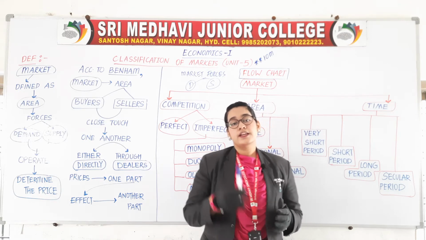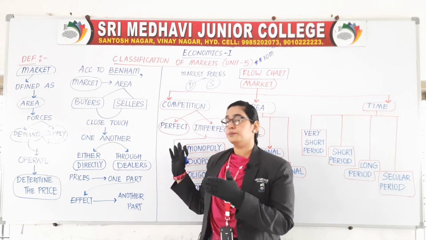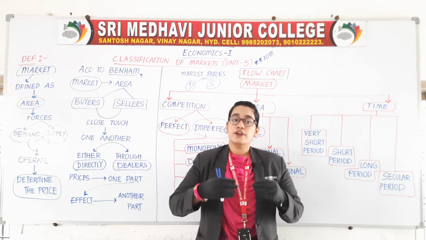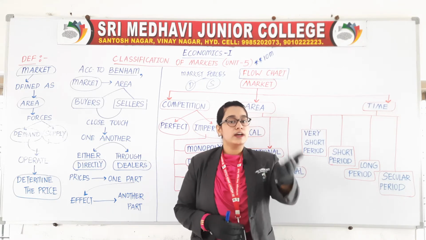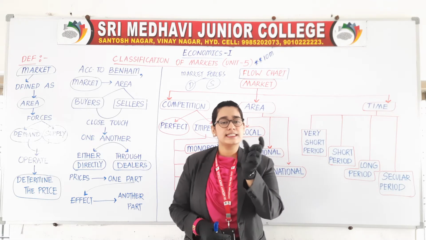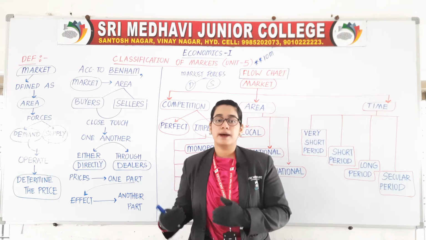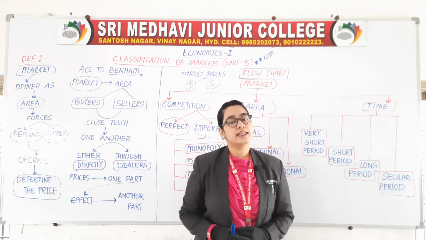For example, if you buy books from this area, the prices will be different. If you buy the books from your area, the prices will be somewhat different. So prices in one part affect the prices in another part.